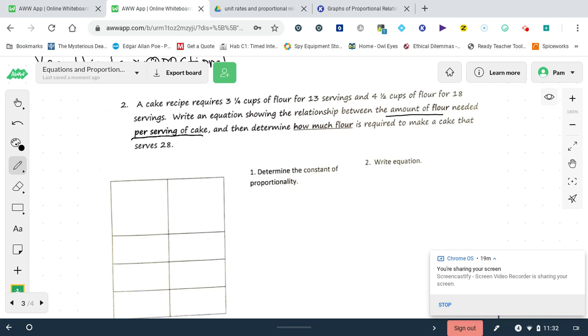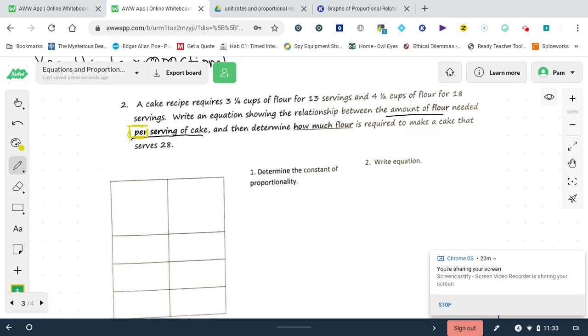So I already see the word per. That's something I want to pay attention to, because this is a rate statement. And then it says, then determine how much flour is required to make a cake that serves 28 people.